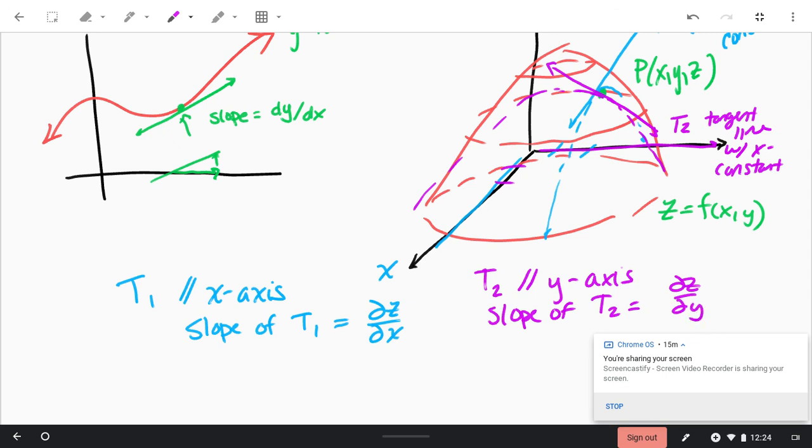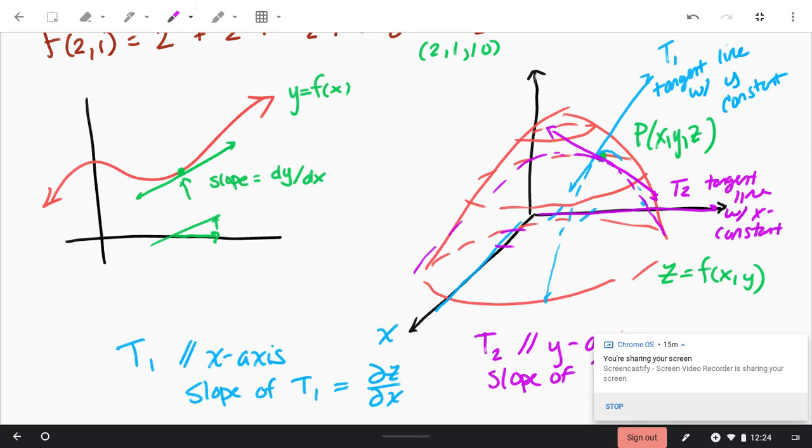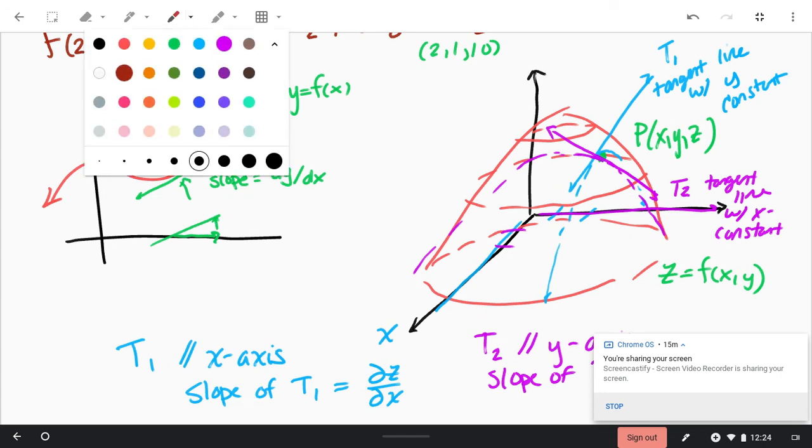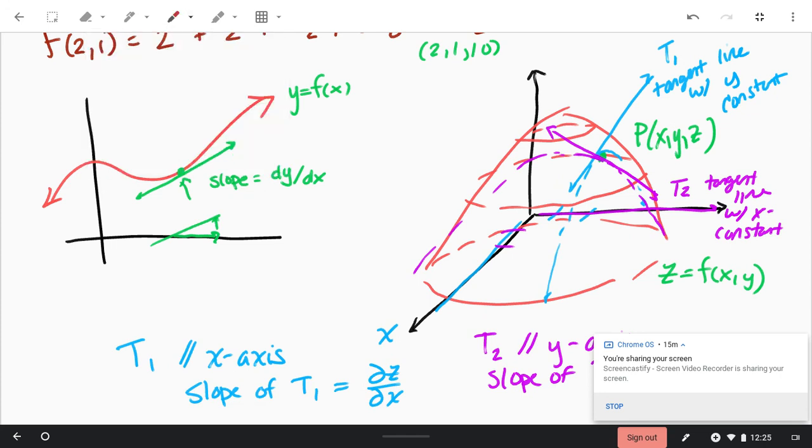So you can see, if I were a little guy standing at that point, this is what I was saying about standing on the mountain. If I look this direction, I'm going uphill along T2. If I look towards the x-axis, I'd be going downhill.